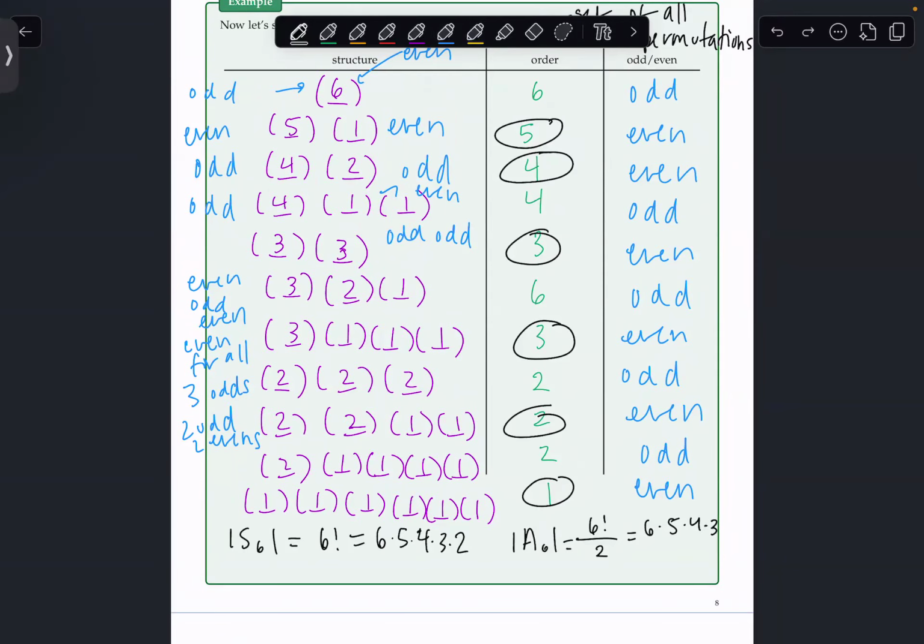Are there any other divisors that are not showing up as orders here for elements? How else can I come up with a divisor of this number? I could take the prime decomposition, but I can do this faster since I already have one product of it.